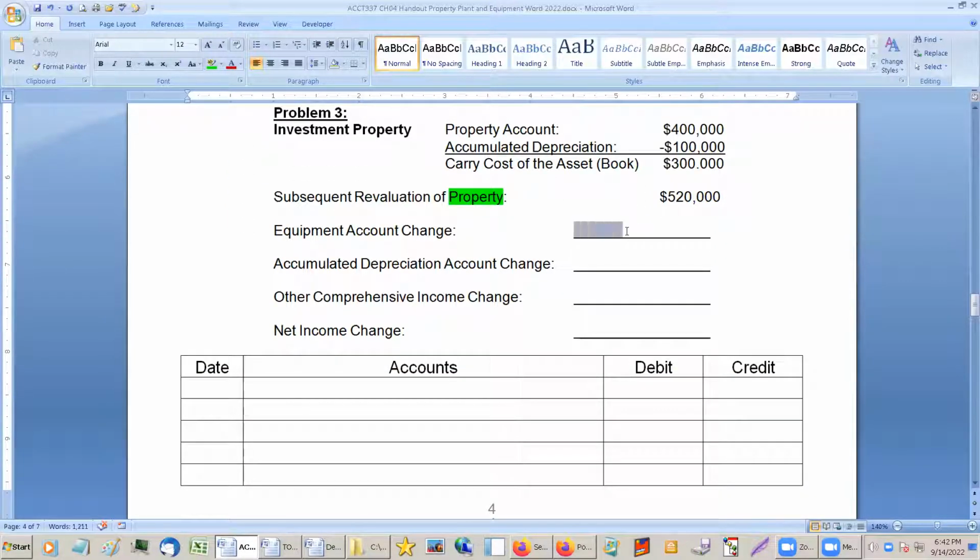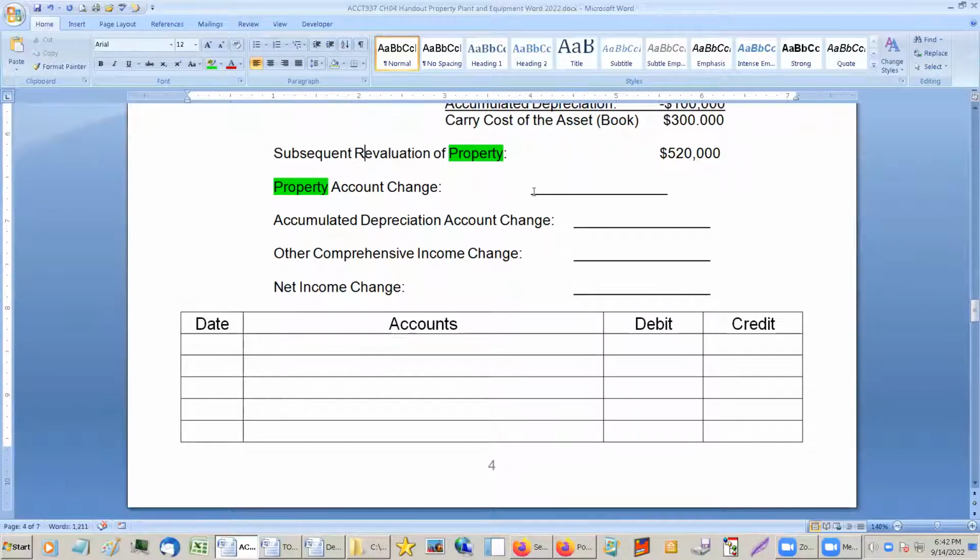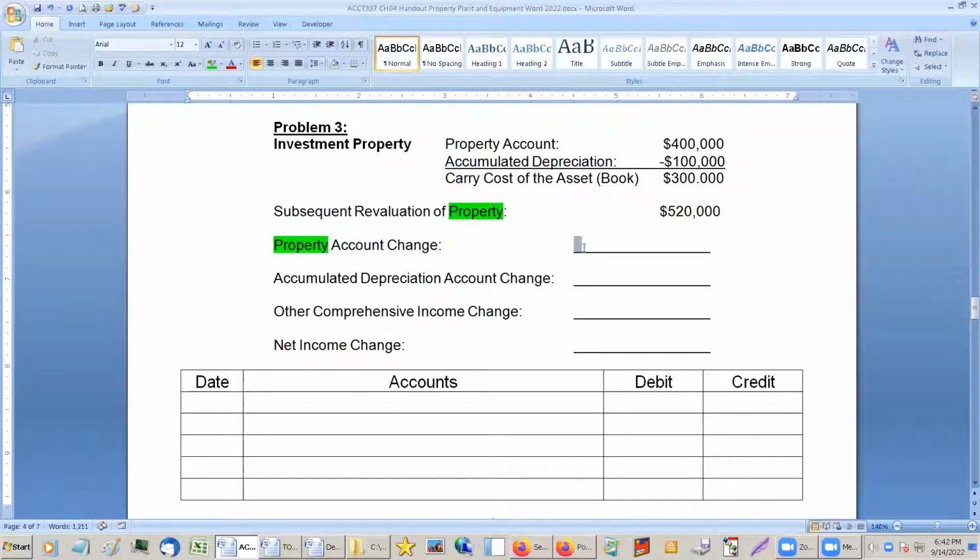So this would look like this. I've got to change all these to equipment. This is a copy and paste problem. The property account change. So to change these, sorry. So the property account, again, just like we did before, this would be add 120,000.